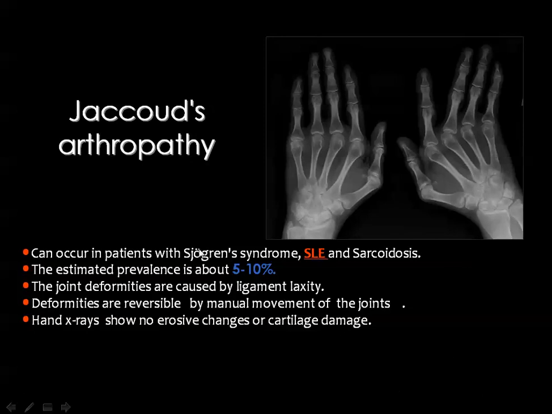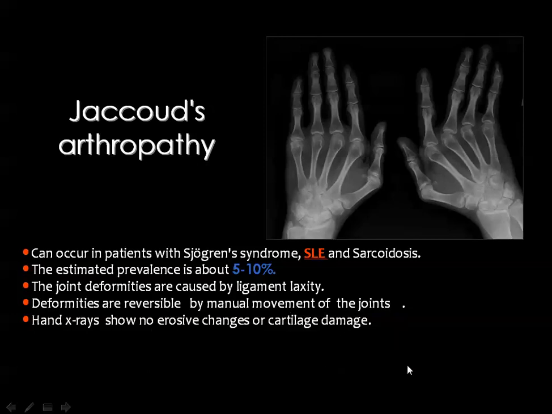This may be seen in patients with Sjogren disease and sarcoid together with systemic lupus erythematosus. The incidence of this disease is about 5 to 10%. Joint deformities are caused by ligament laxity, and the deformities, as in these diseases, are reversible by manual manipulation of the joints.